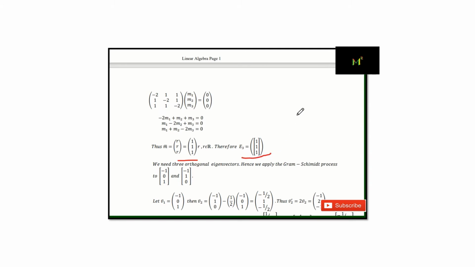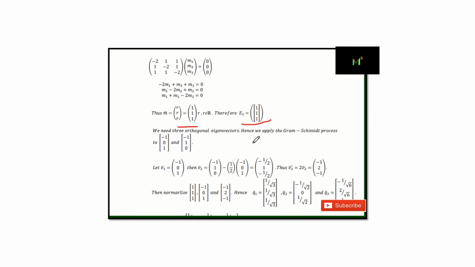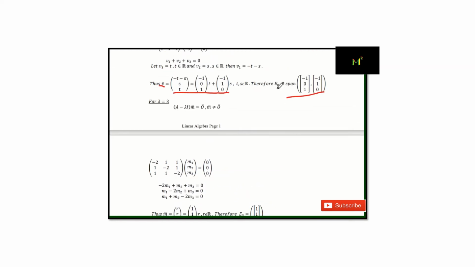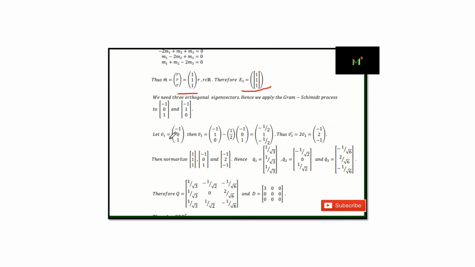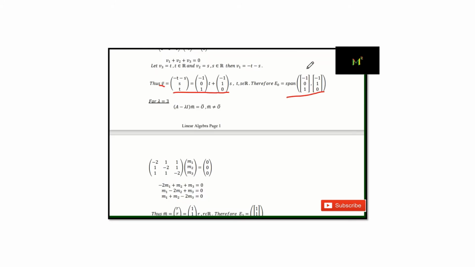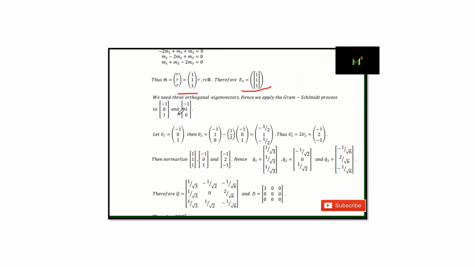But now we need 3 orthogonal eigenvectors because we're dealing with a 3 by 3 matrix. To get our 3 orthogonal eigenvectors, we need to apply the Gram-Schmidt process to the eigenspace of 0. If we apply the Gram-Schmidt process to the eigenspace 0, v1 is just this first vector here, and then you apply the Gram-Schmidt process to v1 to get v2.